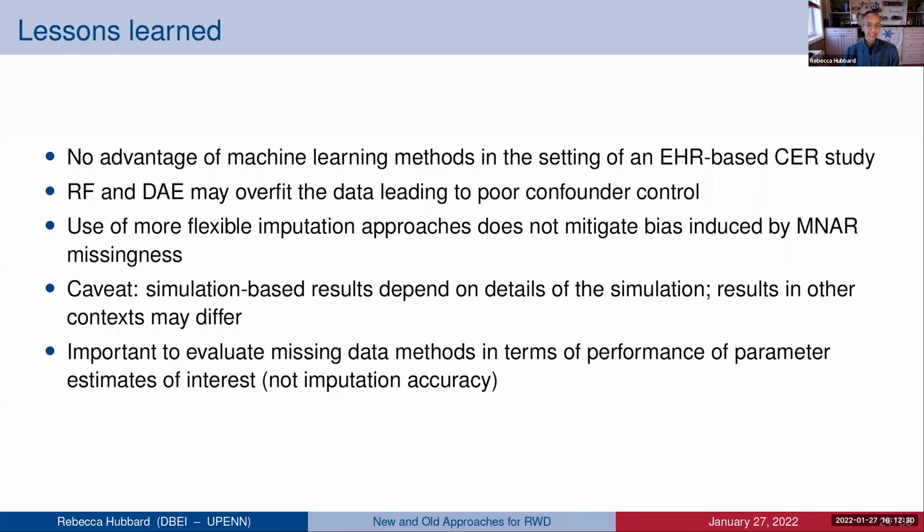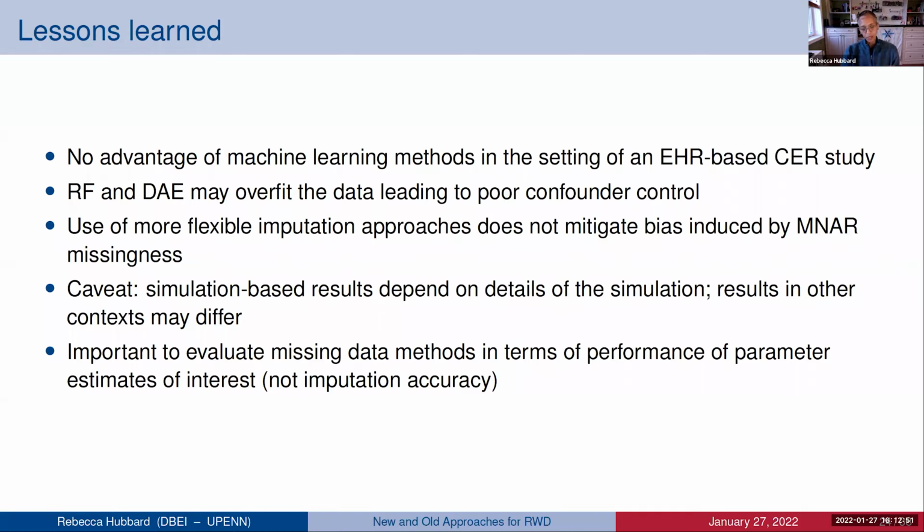Whether or not you would see the same thing in other contexts depends on how similar those contexts are to this one. But I think these results are probably generalizable across a lot of epidemiologic settings with similar sample sizes, similar numbers of features, and similar complexity in the missingness pattern.